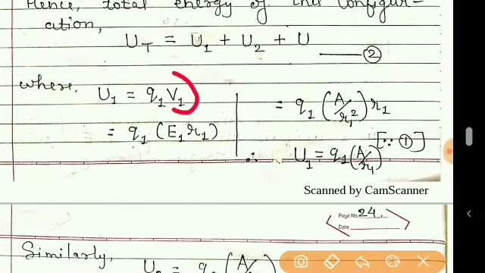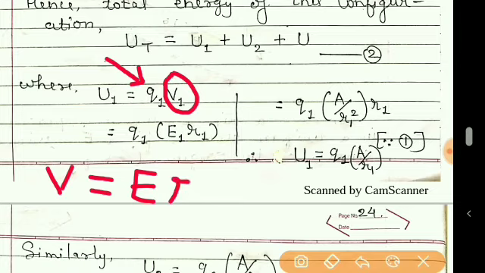What is V1 here? It is the potential at the point where this charge is kept, and we know that potential V is equal to E into distance. Here the distance is R1, and the electric field is E1 where the charge Q1 is kept.